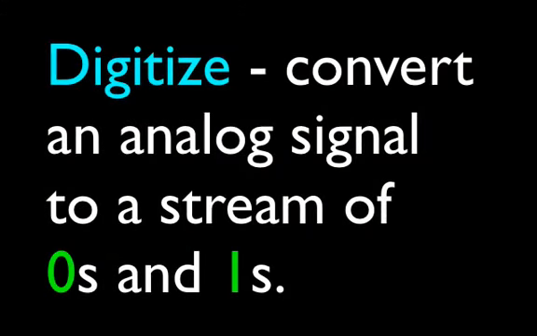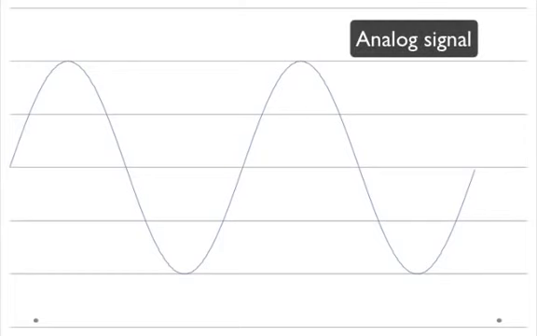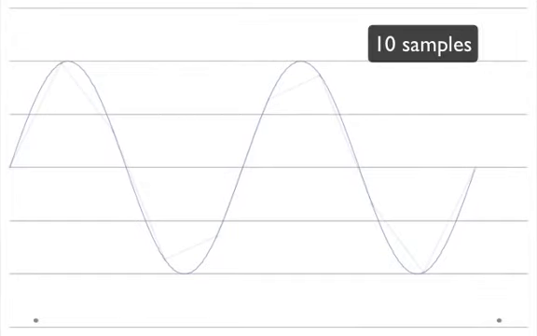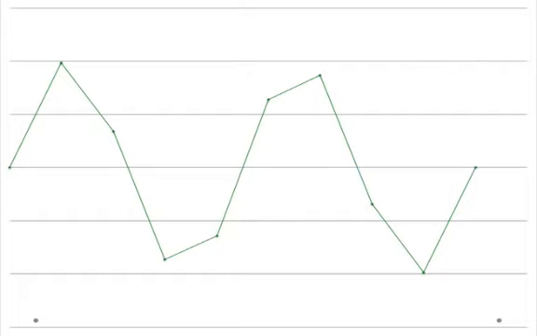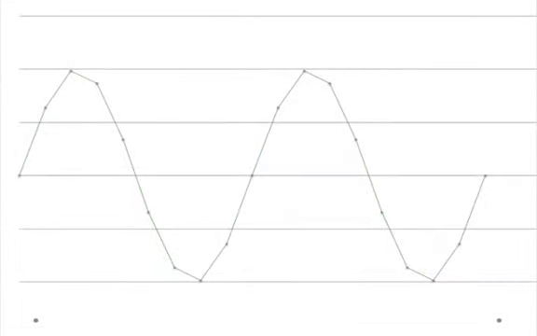The challenge is to convert an analog signal into a digital sequence of zeros and ones. The solution is based on the idea of curve fitting or smoothing algorithms, which you might have learned about in your statistics courses. The analog signal is sampled many times, and then the sampled data points are used to create an approximation of the original data.